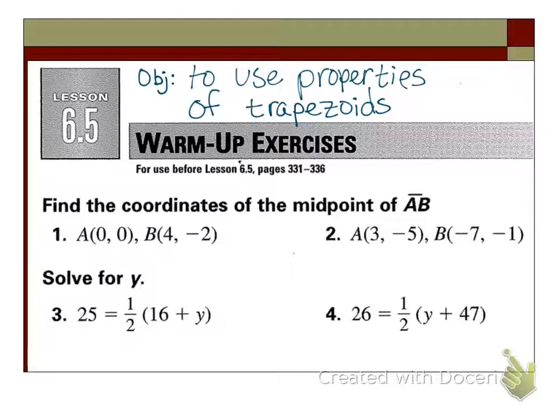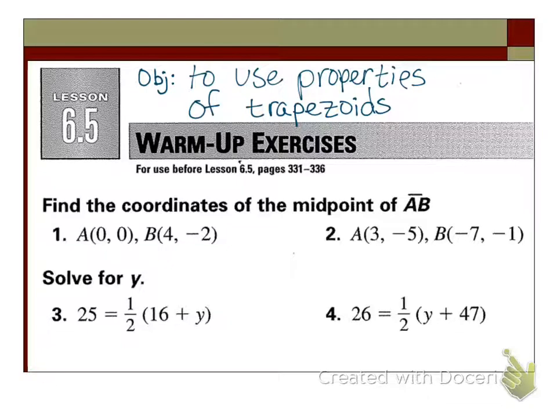Not quite. So the midpoint is in the middle, right? It's kind of like taking the average. If I'm taking the average of some numbers, how do I do that? What do I have to do with the numbers before I divide?